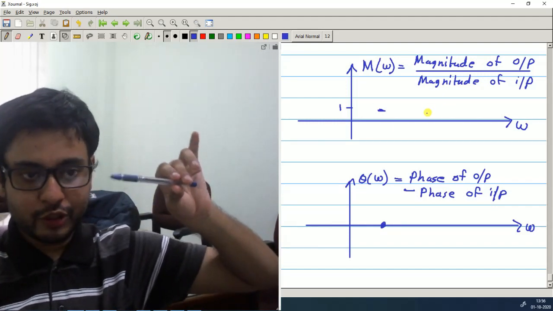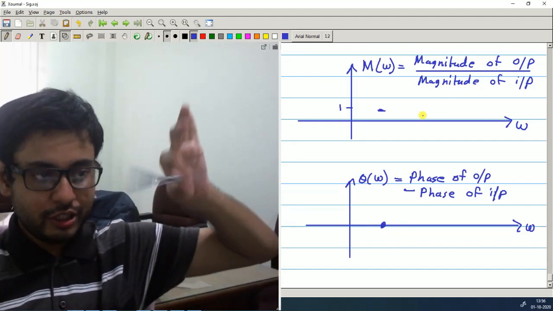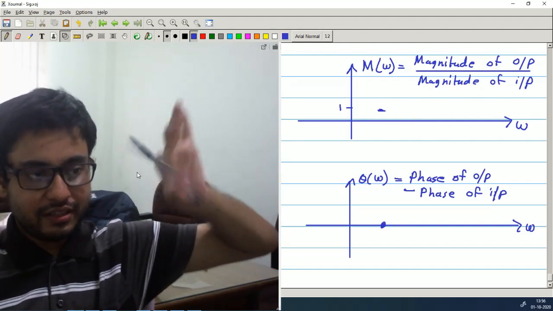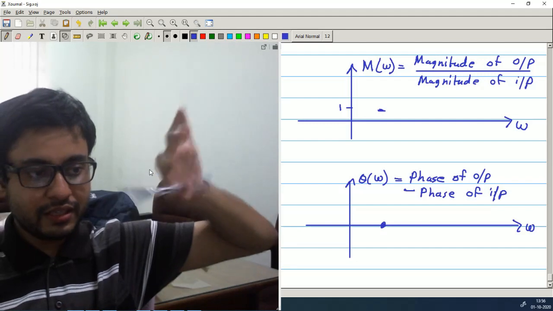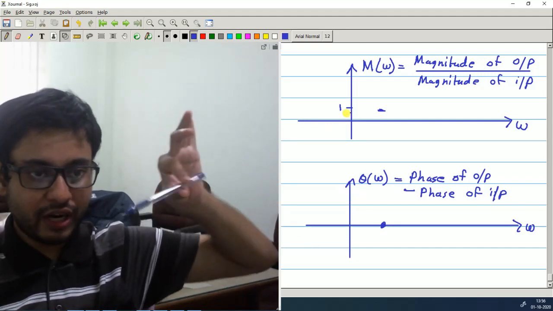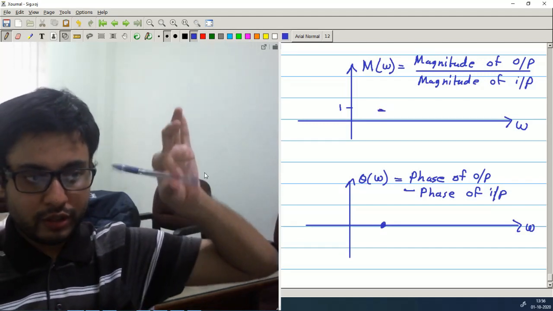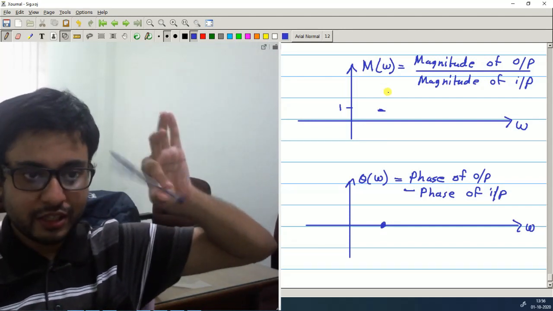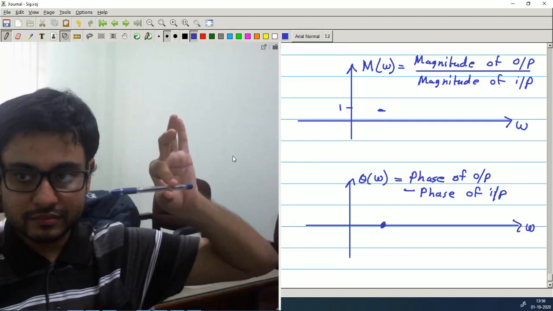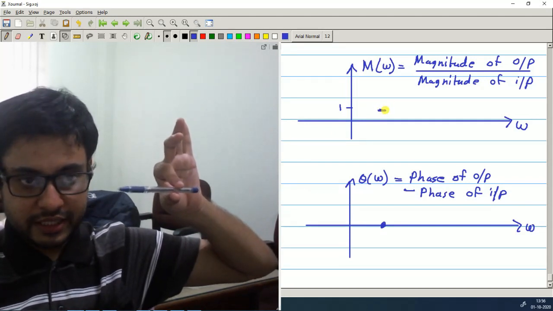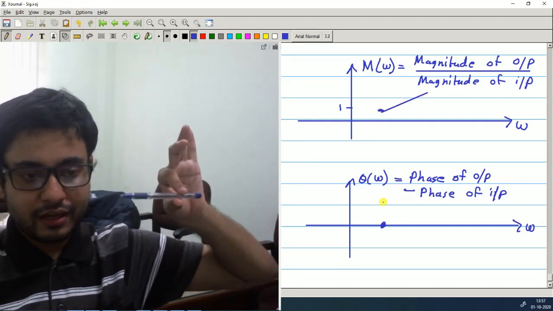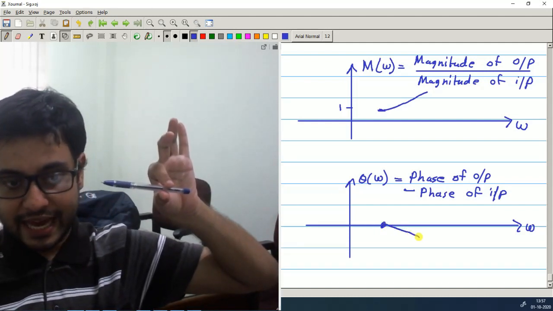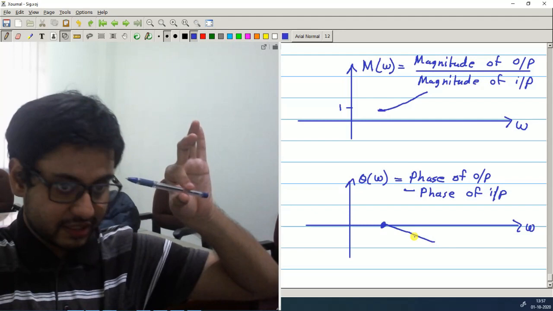So at high frequency also you saw that the gain increased. Okay, the gain increased first. So here the input amplitude is less than the output amplitude. So this M goes up and we get some phase lag between input and output.